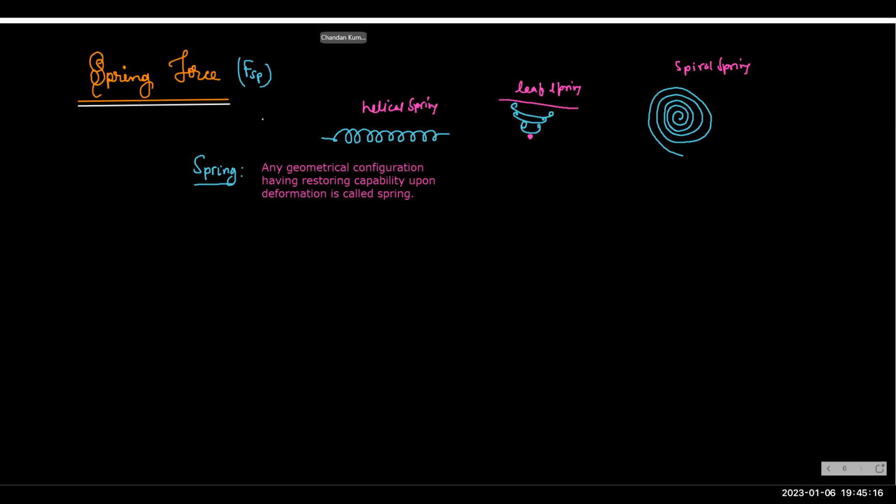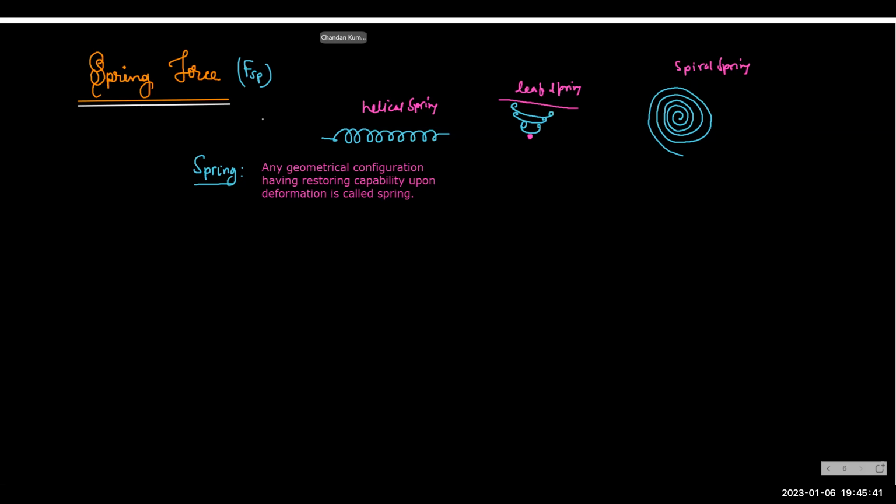So you can see if you deform and once you release the force, it is trying to go back to the original configuration, isn't it? So this ability to go back to your original configuration when the deforming force is removed, that is called the spring. And it has come from the concept of elasticity. That is something which you will study in the last chapter of class 11, elasticity.